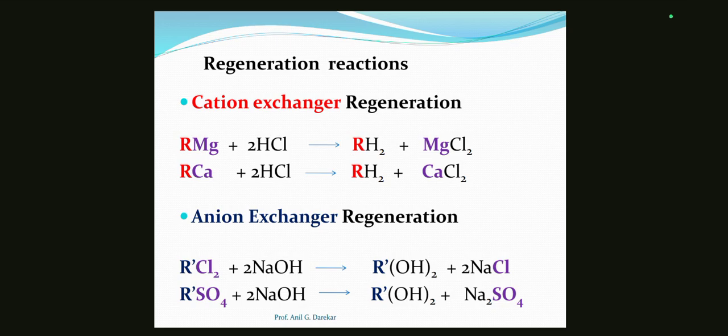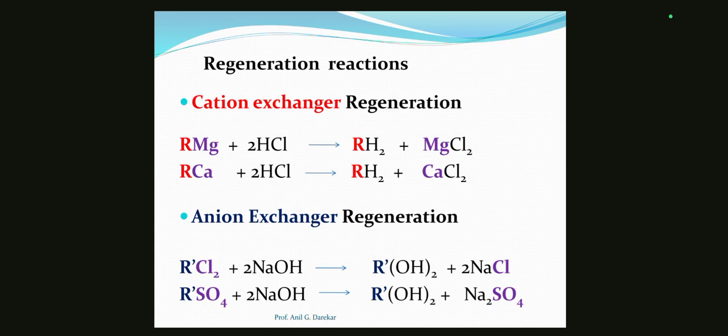Now second is the anion exchanger resin regeneration. In anion exchanger regeneration, we are going to use NaOH, and that NaOH we add from the top. So R-Cl2 or R-SO4, the exhausted anion exchanger, gets regenerated by adding NaOH from the top.